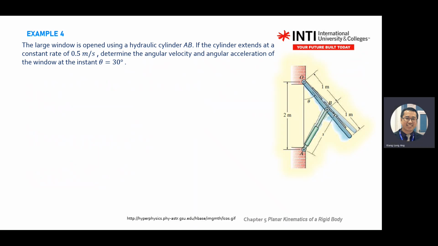velocity and angular acceleration. Now, before you start, what is the direction of angular velocity for this window? Going right, but what is angular velocity? What is the direction of angular velocity? When you do rigid body, they are no longer straight line.